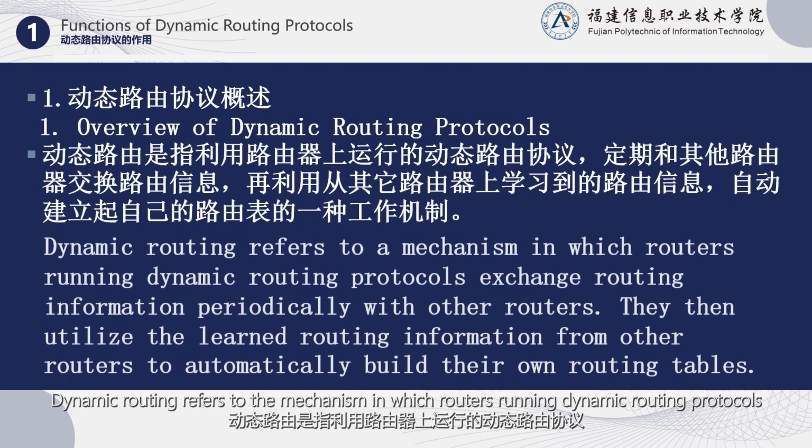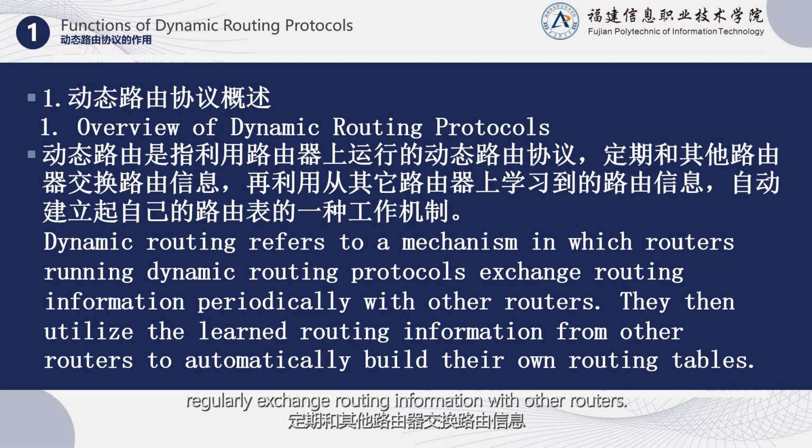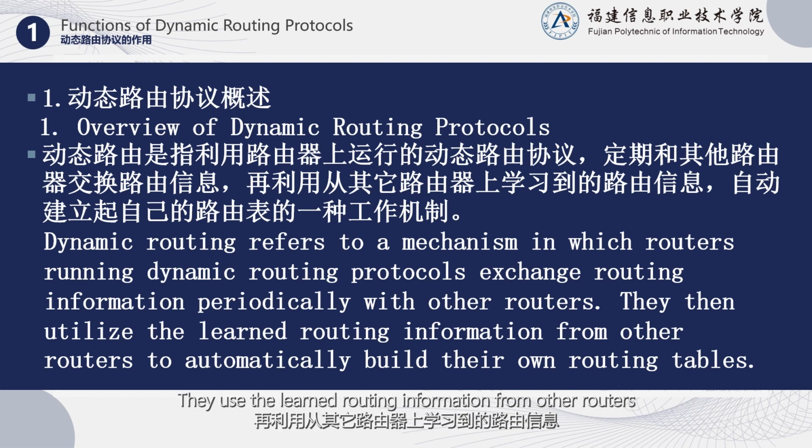Dynamic routing refers to the mechanism in which routers running dynamic routing protocols regularly exchange routing information with other routers. They use the learned routing information from other routers to automatically establish their own routing tables.